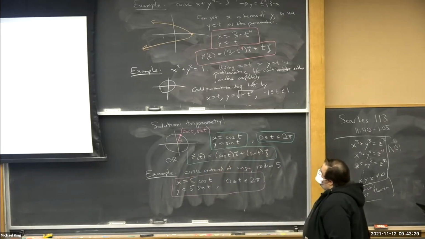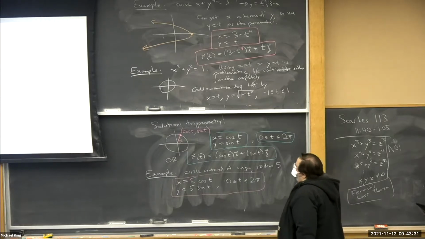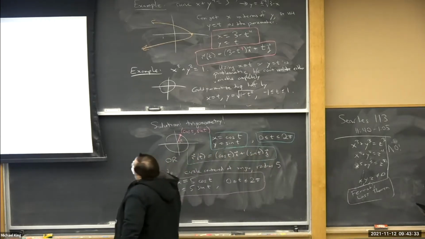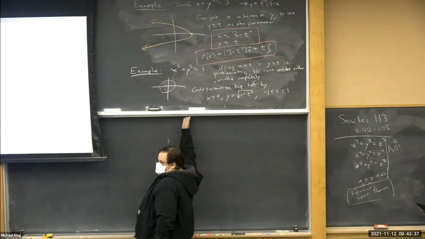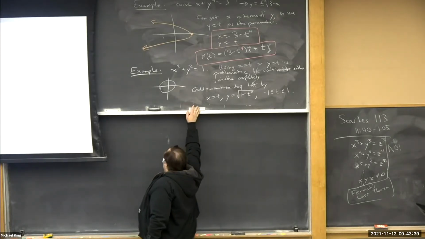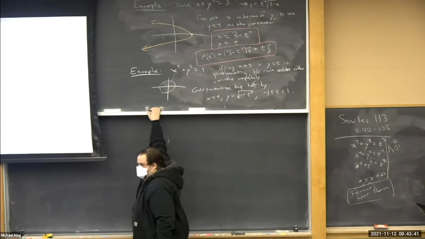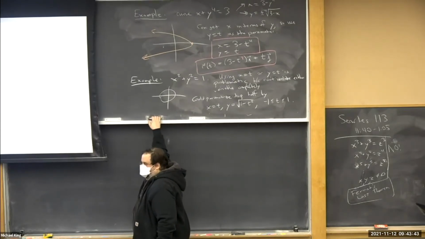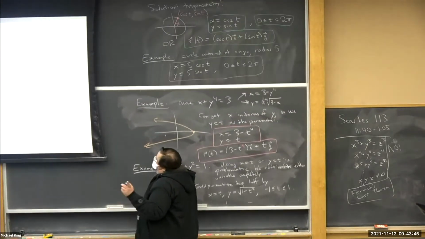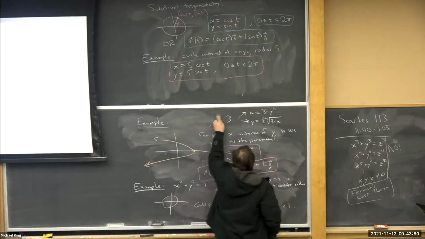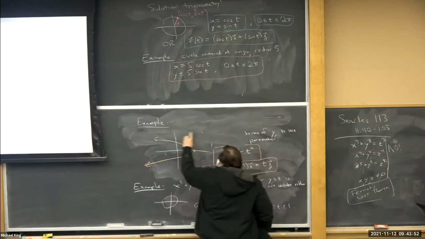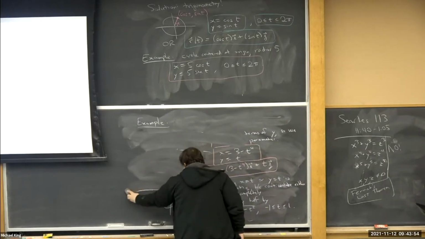Okay, what if we want to move the center of the circle? Right, okay, so let me write this example down. There's the equation of the circle, but there's also the parameterization of the circle. So let's write both down.